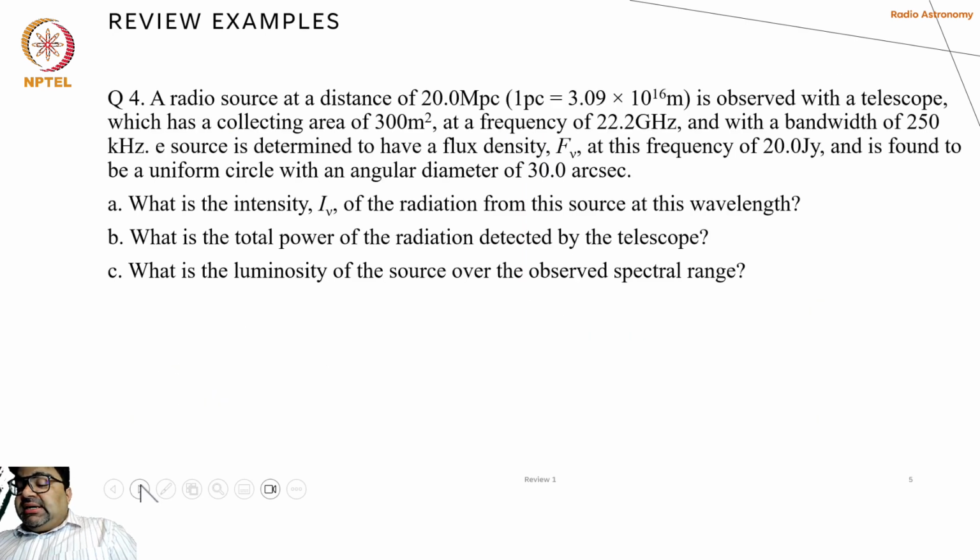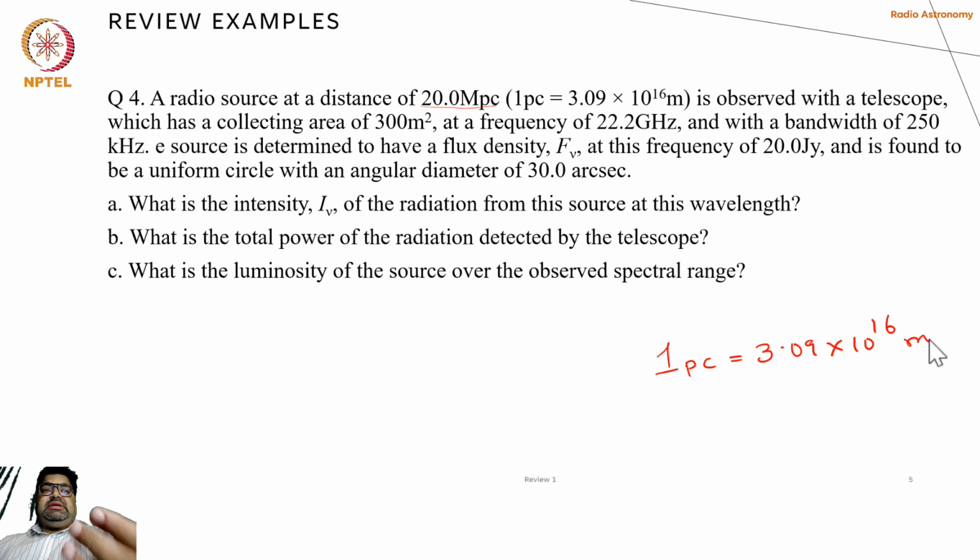Next question, we have a radio source at a distance of 20 megaparsec. Now 1 parsec is already given over here, is 3.09 times 10 to the power 16 meters. It's important to define a larger unit because the distance becomes too large in astronomical scales.